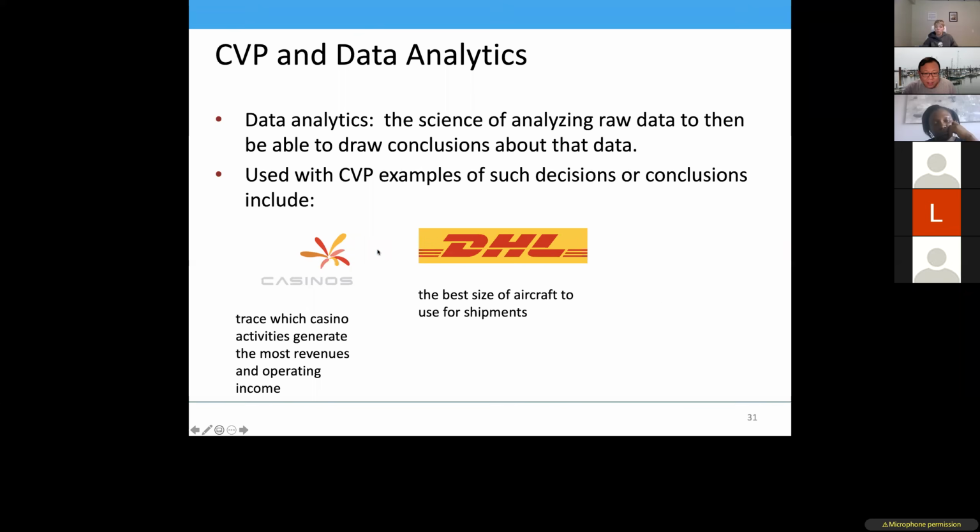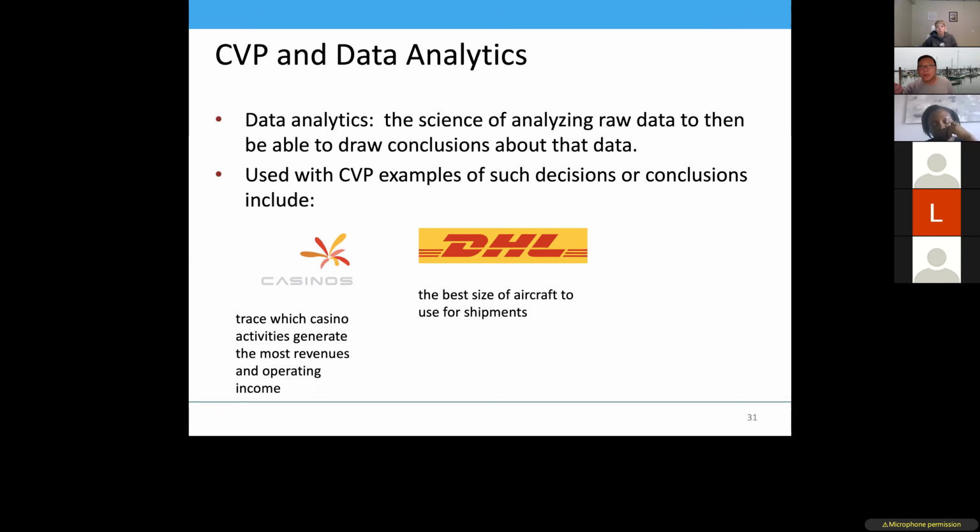And then DHL uses data analytics to determine the best size of aircraft to use for shipment. They want to know what's the perfect size of aircraft to use.